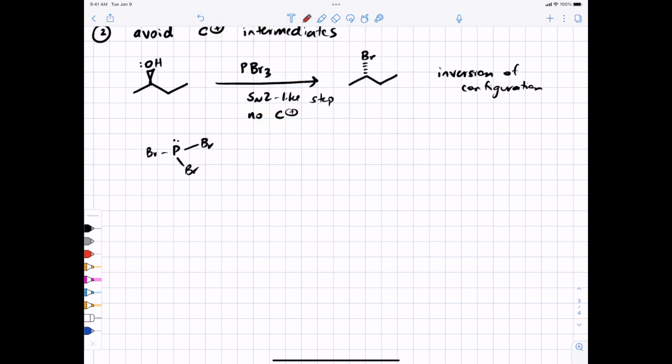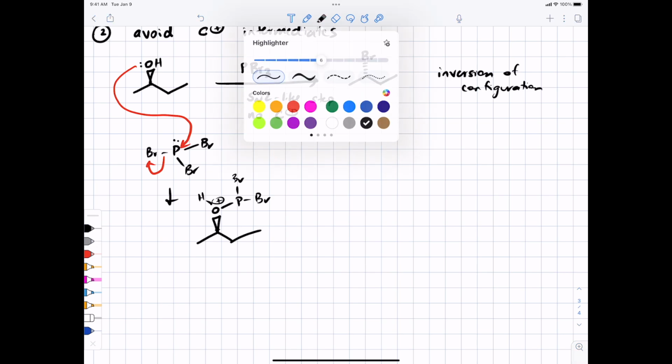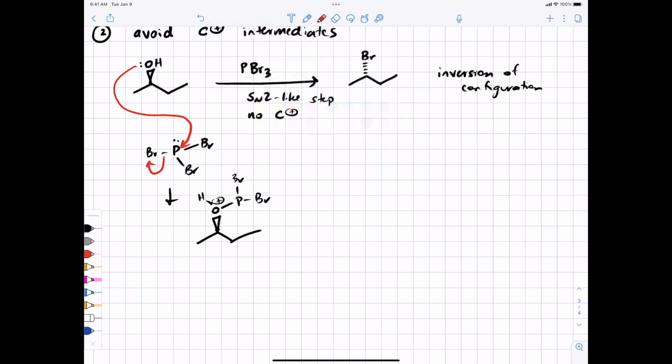The oxygen attacks the phosphorus and displaces one of the bromines, and you get an intermediate that looks like this, in which you've made a new phosphorus-oxygen bond, and in the process you've converted OH from something that was not a good leaving group to something that is now a much better leaving group.